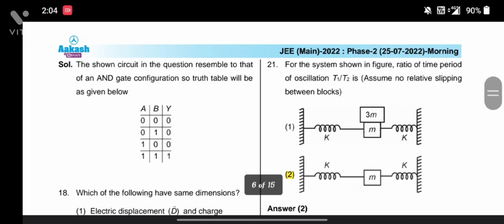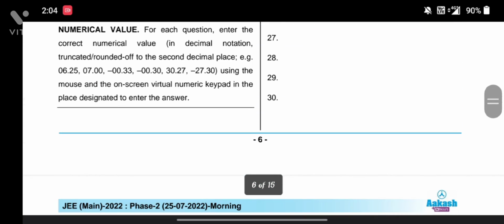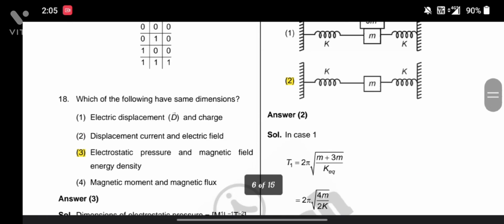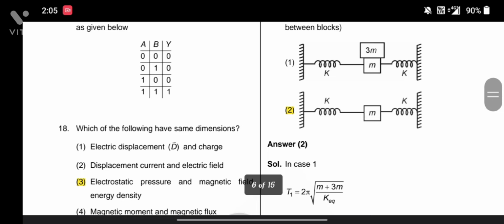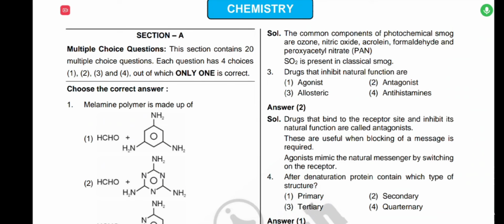So okay, these are some questions from JEE Mains 2022, 25th July morning session, shift 1. Session 2 shift 1's chemistry we will try to continue in a few seconds. So okay friends, let us continue now.